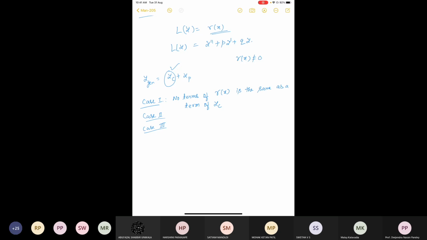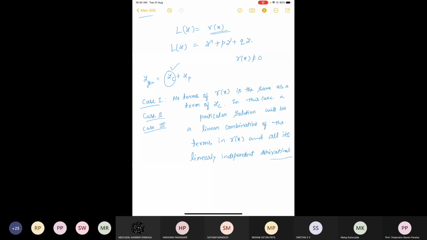In this case, a particular solution will be a linear combination of the terms in r(x) and all its linearly independent derivatives.